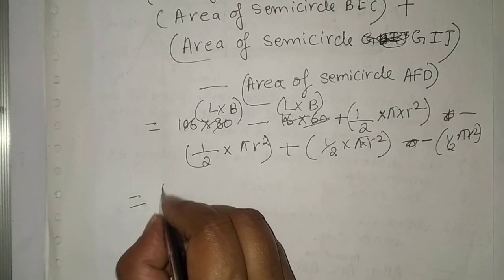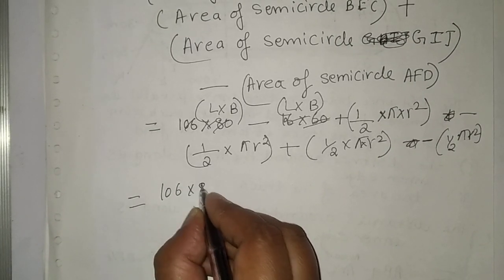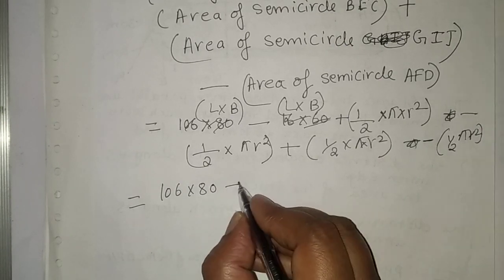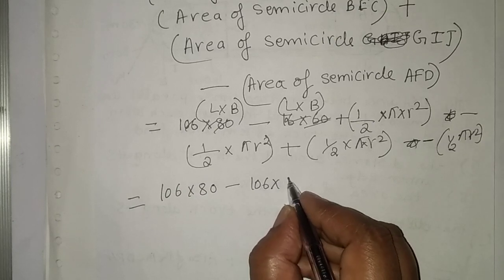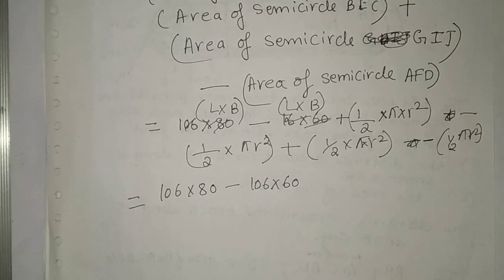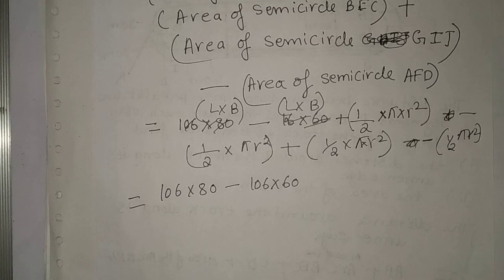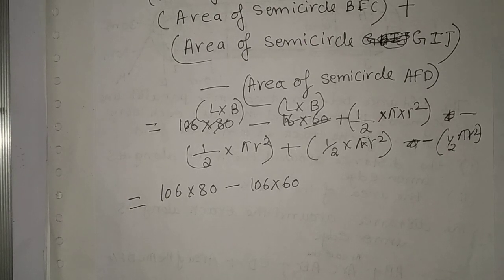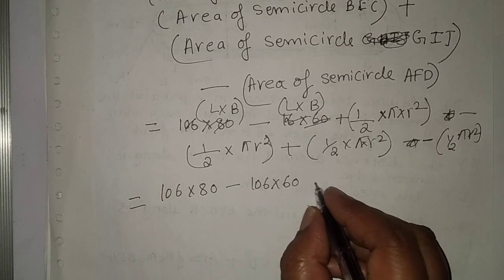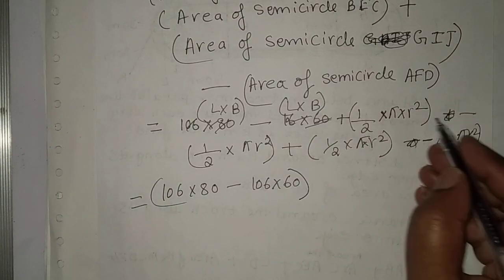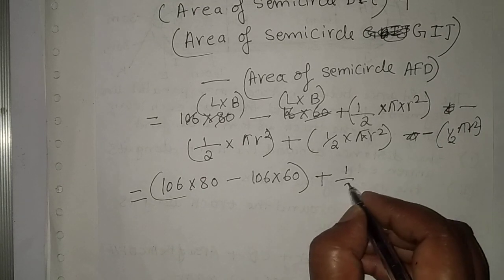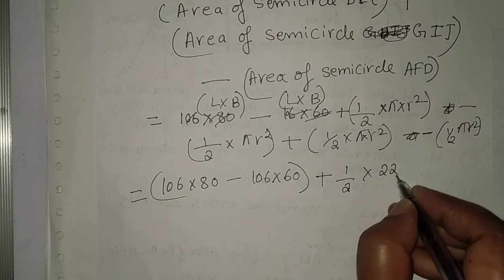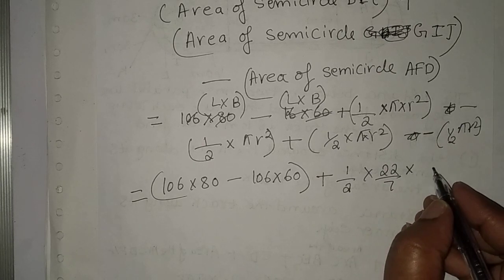So let's substitute the values. 106 into 80, length into breadth of the outer rectangle. The inner rectangle is 106 into 60. Plus half into 22 by 7. What is the radius here?